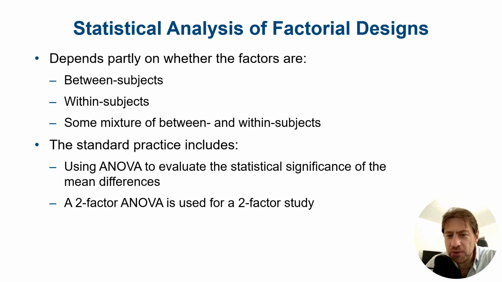All right, just a few words on statistics to close out this section. So the statistical analysis of factorial designs varies based on whether the factors are between subjects, within subjects, or a mixture of both.